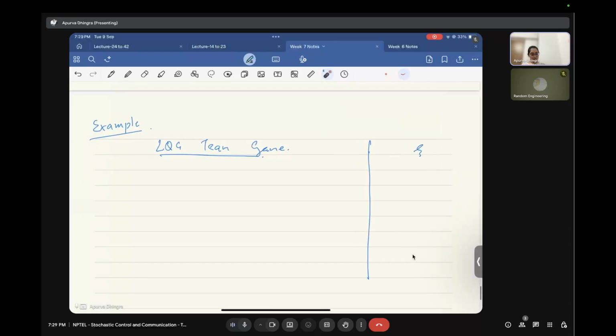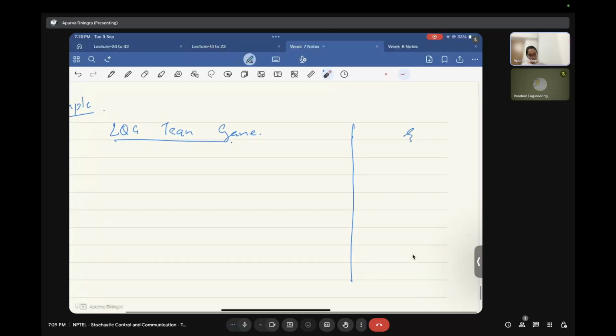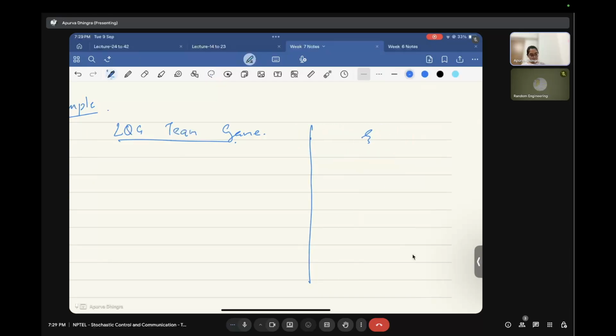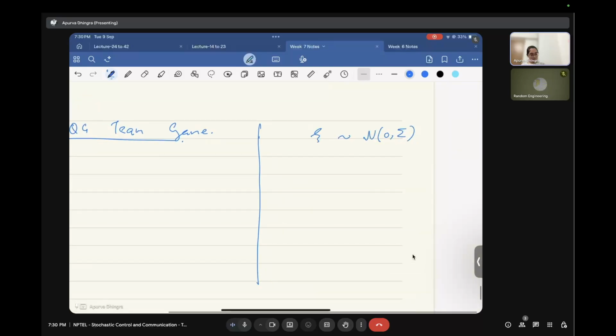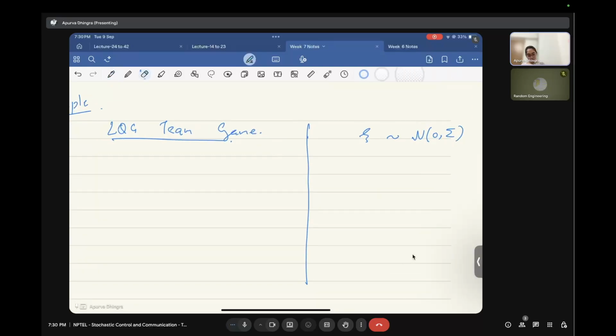So now let's say there is some true state of the world. This is a Gaussian, and let's take this to be some vector in R^D. From here my agents make some observations. I'm going to write those observations as A and B. These observations depend on xi.